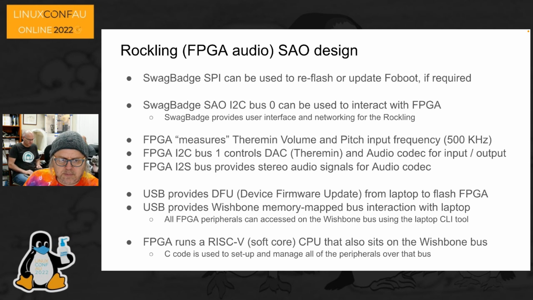As mentioned, when you plug the Rockling into USB, it appears as a DFU device, and you use dfu-util to list it, and then also to flash code. And there's also what's called the Wishbone bus. So all the peripherals on the Rockling appear on this 32-bit bus, and you can just use a wishbone command on your laptop to interact with all those peripherals.